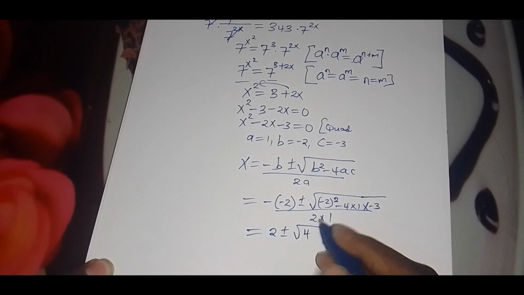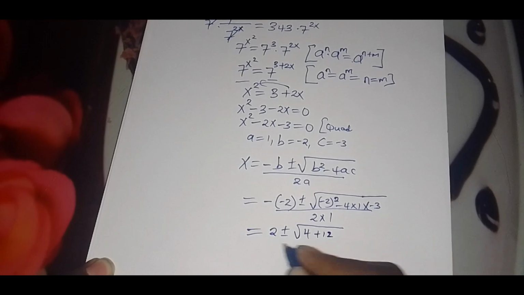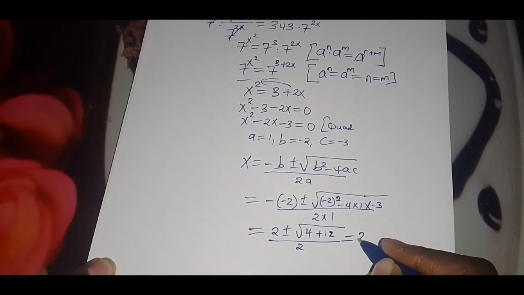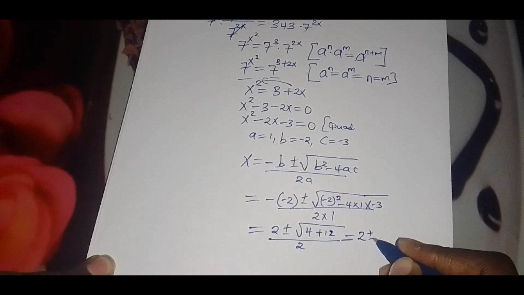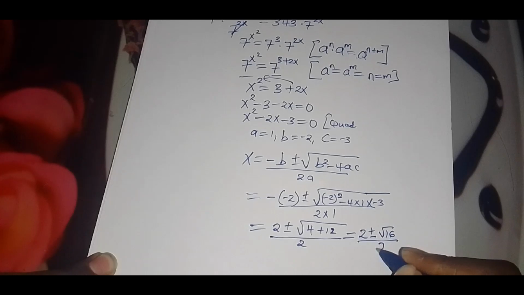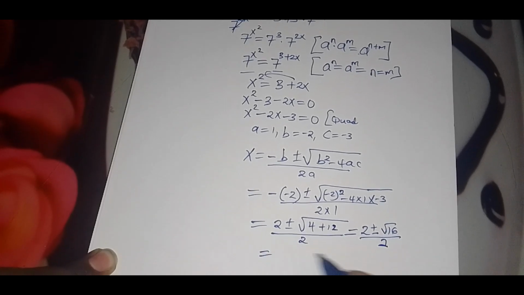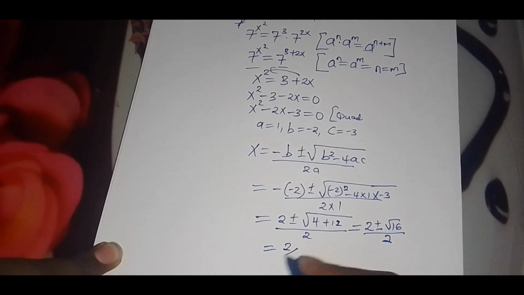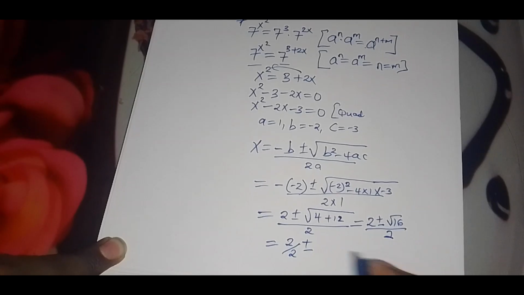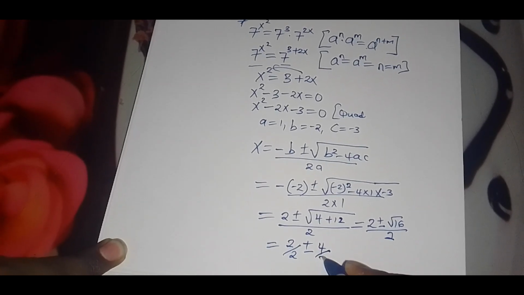This is -4 times -3, which is plus 12, divided by 2. So that you'll have 2 plus or minus the square root of 16 divided by 2. Okay, so this means we have 2 divided by 2 plus or minus the square root of 16, which is equal to 4 divided by 2.